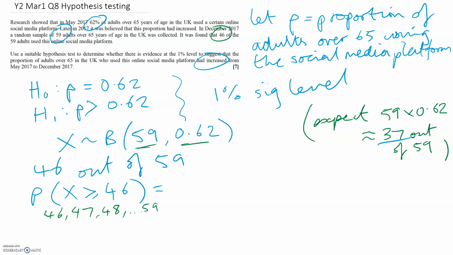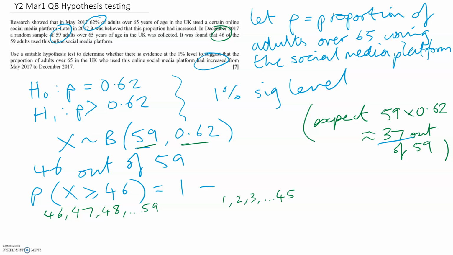So we want to do 1 minus. So 1 would be all the values up to 59. So we want to take away from that all the numbers from 1 to 45.